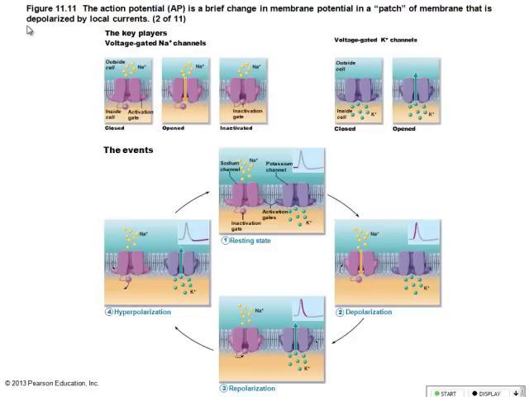Potassium's kind of doing its thing. It's going to get talked about over there during repolarization. But look what happens to the charge inside the cell. It starts to come higher and higher and higher. Eventually, everybody wakes up again, and what happens? Repolarization.